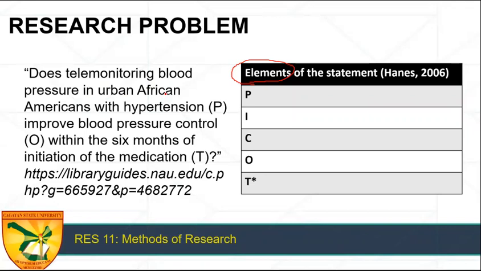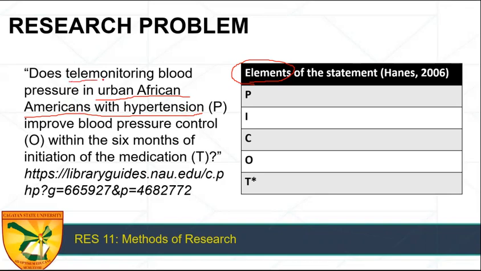So you will see there already, there's an intervention. They are using an intervention. So for the population here, it's urban African Americans with hypertension. So don't forget, those only with hypertension. It's important to be specific here. For your intervention, what's the intervention?